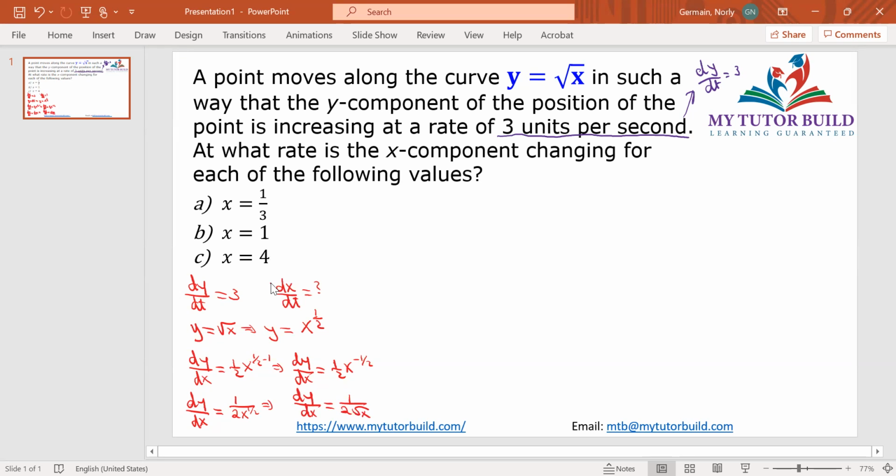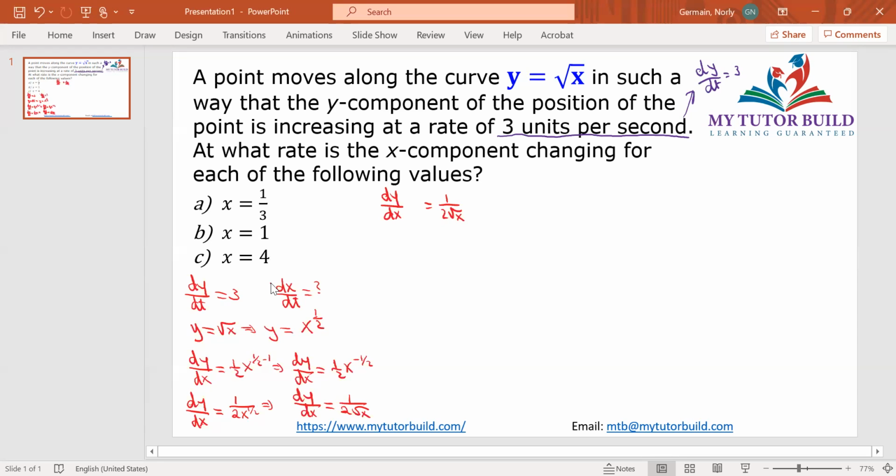Now, remember we have dy/dx equals 1 over 2 square root of x, but we don't know dy/dx.